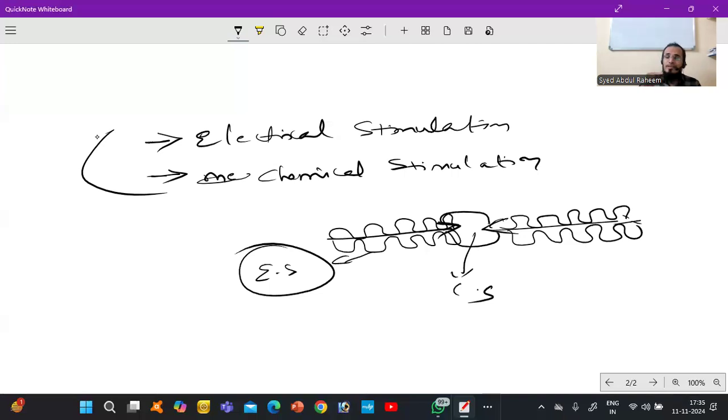This electrical stimulation sometimes arises, sometimes decreases. The chemical stimulation sometimes arises. Okay, so what will happen? Because of that, motor activities are vigorously seen according to the area where the electrical and chemical stimulation occurs. Okay, this is the first thing.